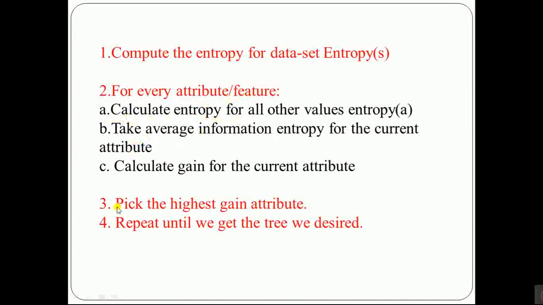Then take the average information of entropy for the current attribute. Then calculate the gain for the current attribute. Then pick the highest gain attribute from that. Then repeat until we get the tree we desire.